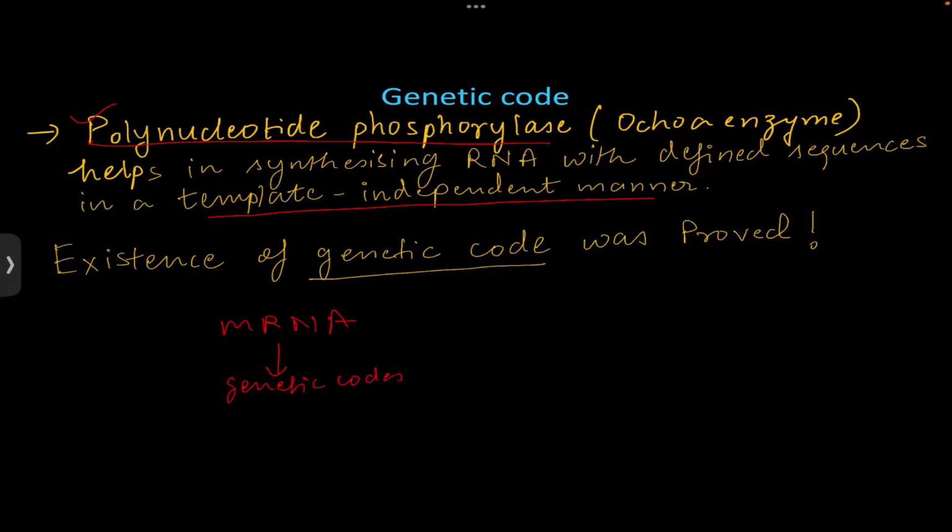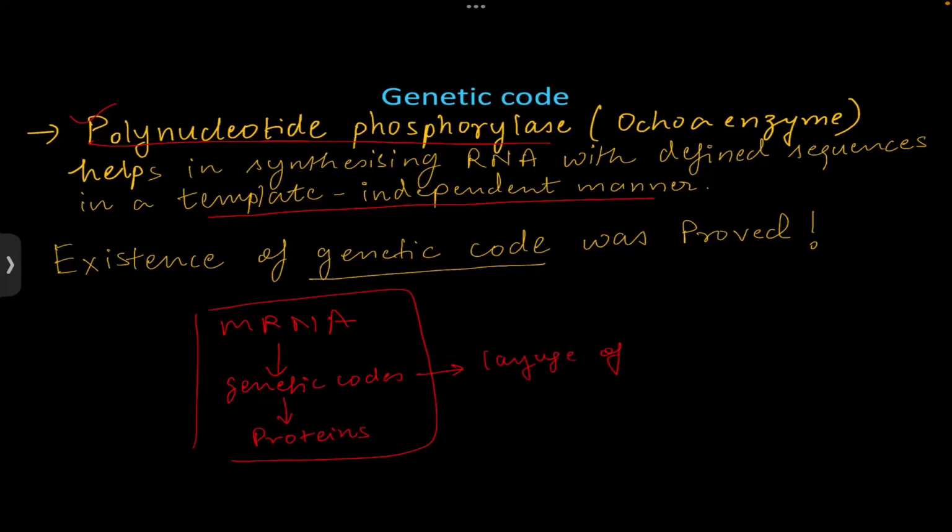We can break down the sequence of mRNA into genetic codes, and these genetic codes can be read by a particular machinery to form proteins or a polypeptide chain. This is translation. So these genetic codes are a new language of understanding genetic information.